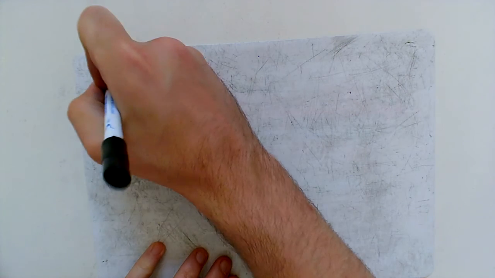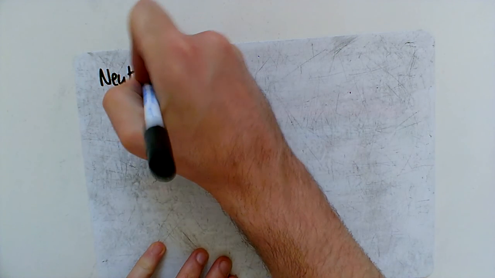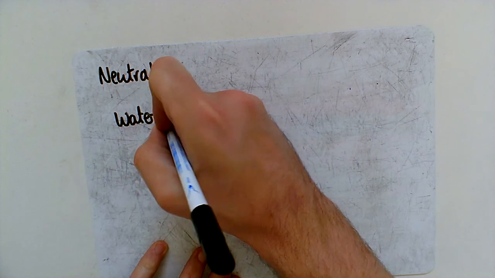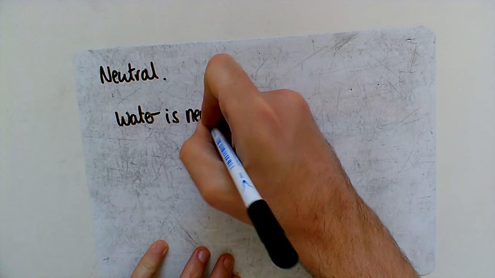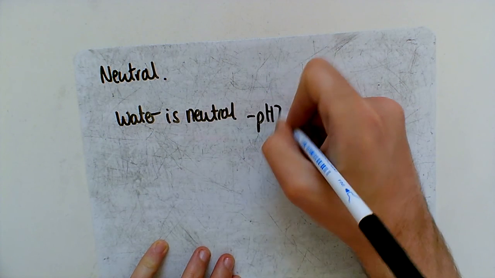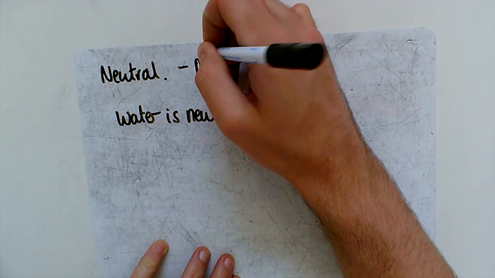Now the final point you might wonder is, well, what happens for a neutral solution? What happens if you add water to a neutral solution? Well, water is neutral, so it is pH 7, and neutral is pH 7.